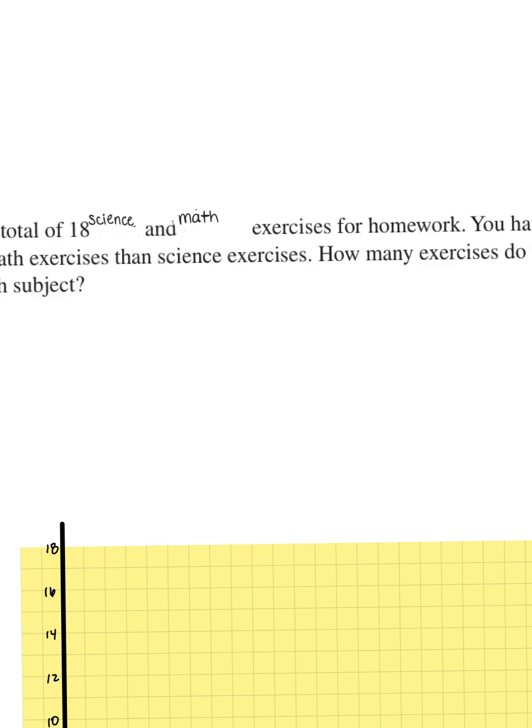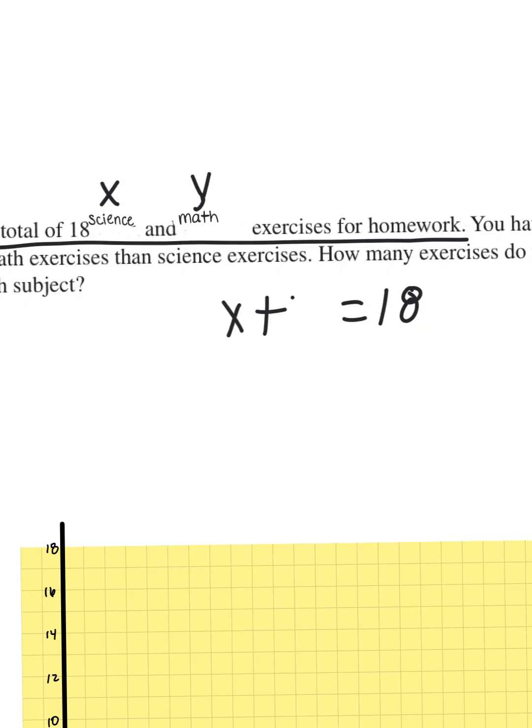So the first sentence is going to tell you your first equation. You have a total of 18, so it's all going to equal 18. What kind of question? Science and math. We don't know how many science. We'll call that x. We don't know how many math. We'll call that y. But if you add them together, it equals 18. The second sentence will tell you your second equation.